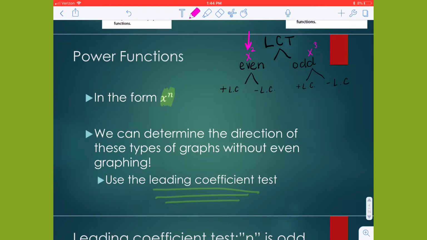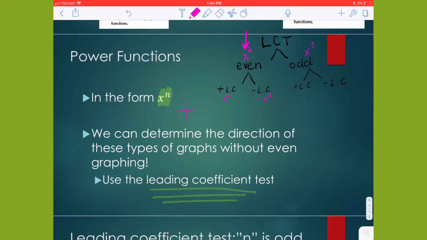Now, if I think about a positive leading coefficient, that's like a positive x squared versus a negative leading coefficient would be like a negative x squared. The graph of x squared is a parabola where both sides go up. So that lets me know, and I'm just freehanding saying both up.